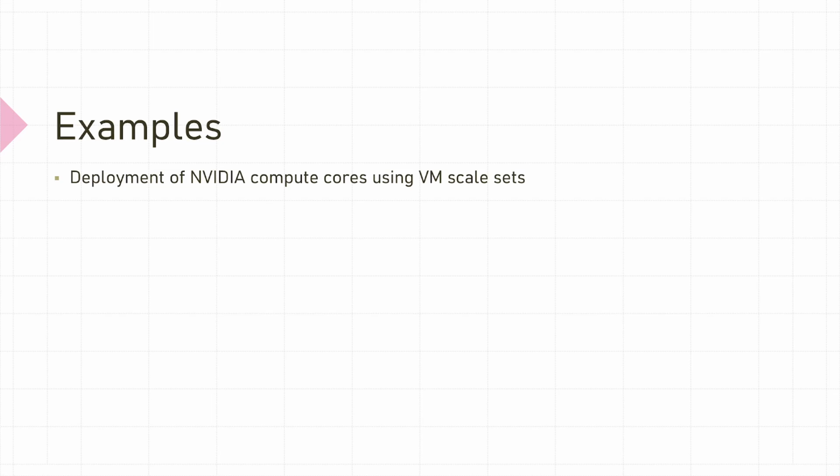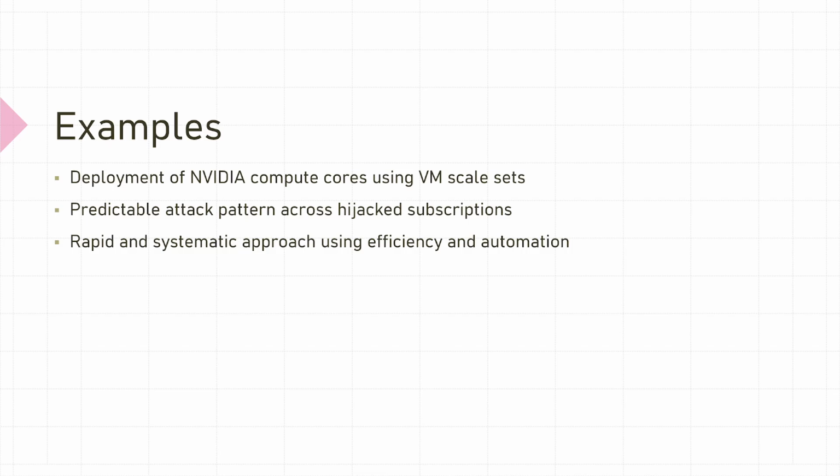So here's an example. The deployment of NVIDIA, I think I'm saying that right, NVIDIA compute cores using virtual machine scale sets, and it was a predictable attack pattern across a bunch of different subscriptions. They got a bunch of different cores and took a rapid approach using a lot of automation and very efficient algorithms. They would move the resources to different users to hide their activities.